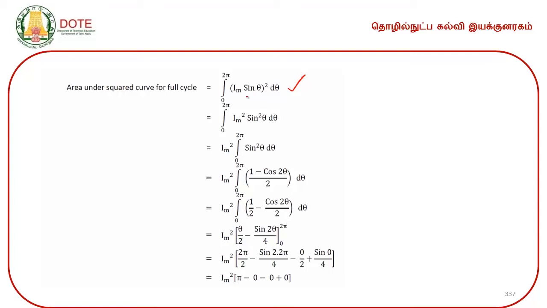Now, you can see that while calculating the average value, we took the integration from 0 to pi, whereas we are going to take the integration from 0 to 2 pi in this case, because we are going to square it here. Im square is a constant value which is taken out, then sin square theta is equal to (1 minus cos 2 theta) divided by 2.